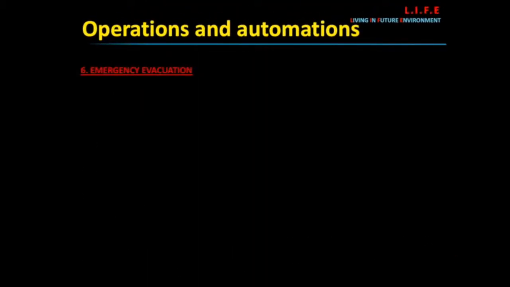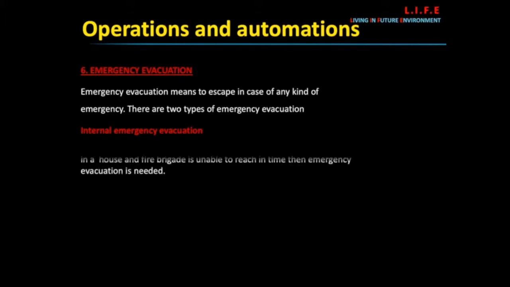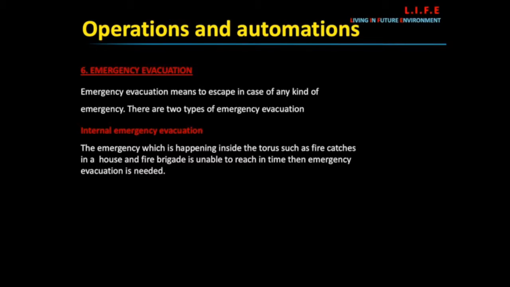Emergency evacuation. Emergency evacuation means to escape in case of any kind of emergency. There are two types of emergency evacuation. Internal emergency evacuation. The emergency which is happening inside the torus, such as fire catching in a house and the fire brigade is unable to reach in time, then emergency evacuation is needed.